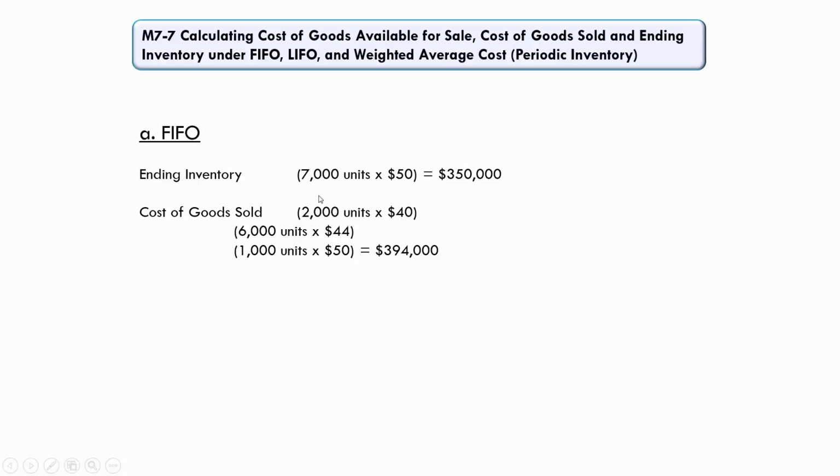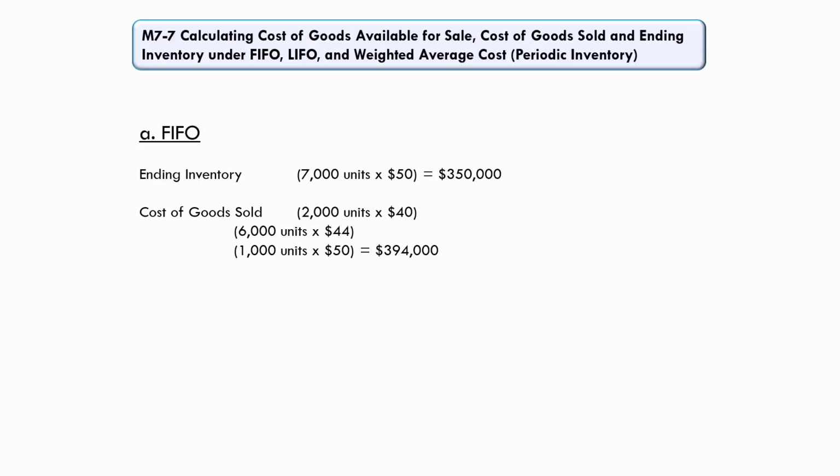Under FIFO then, your ending inventory is the remainder or what's left, and your cost of goods sold will be the first stuff that goes. The first stuff that came in will go out first, so you'll use first from your oldest inventory, your oldest merchandise, your beginning inventory, then your next purchases, then your next purchases.